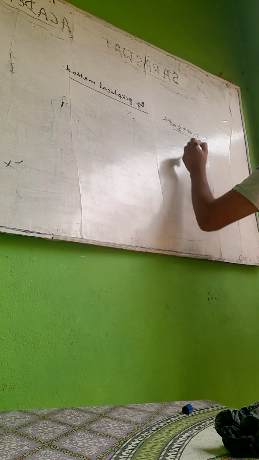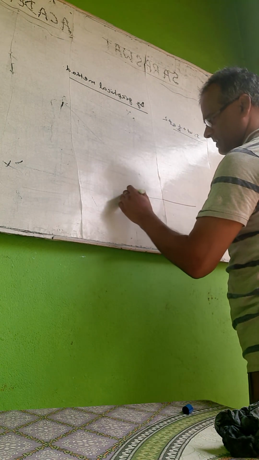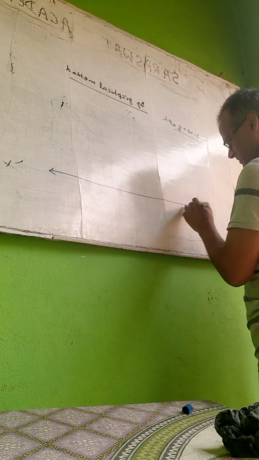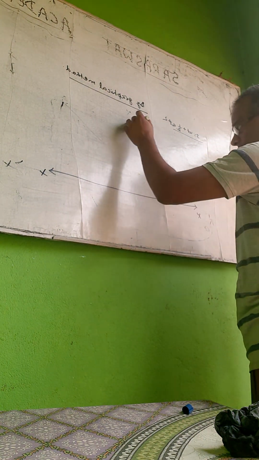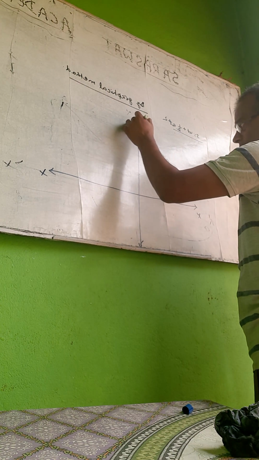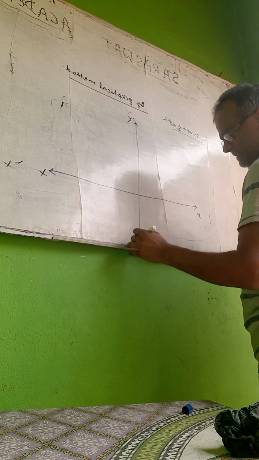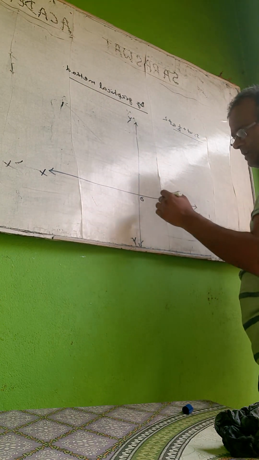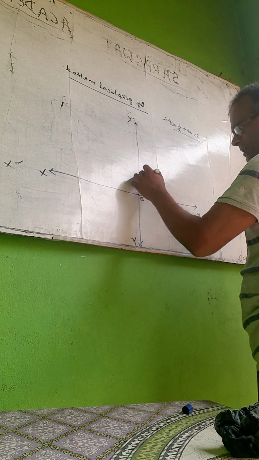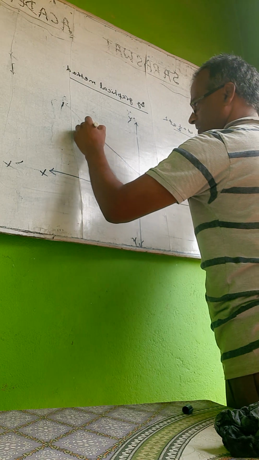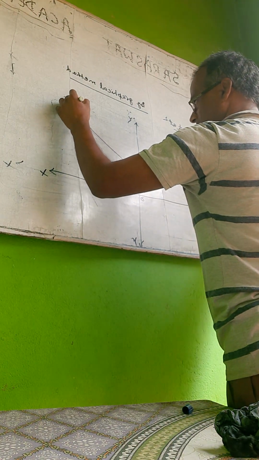For this we again draw the x-axis, x dash, y dash. This is the origin. After some time the object comes to a point, and this will again be the same at B.